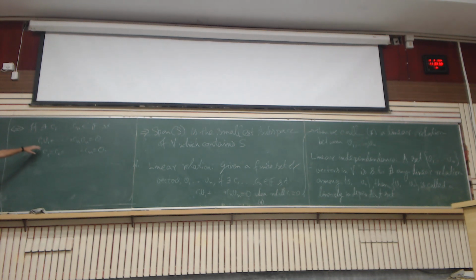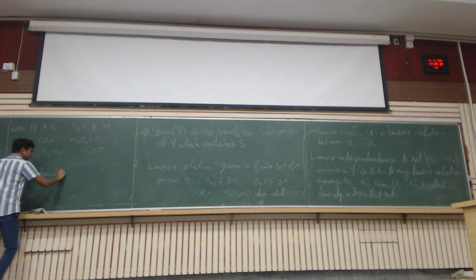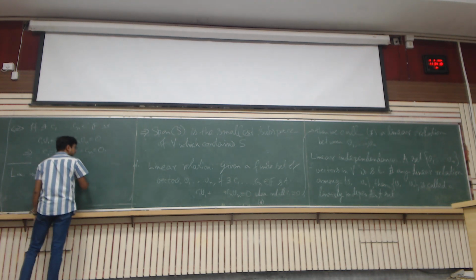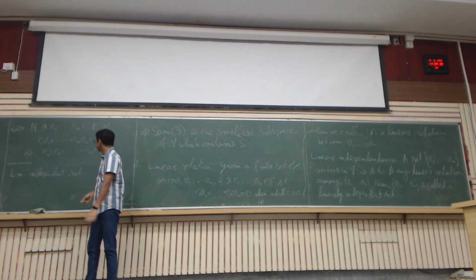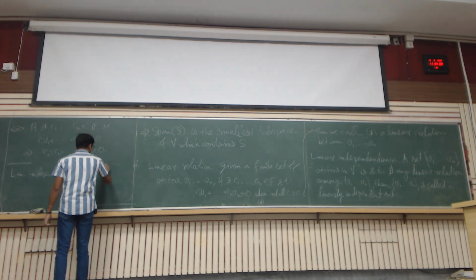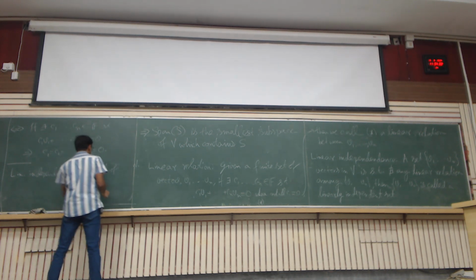So if there exists such a relation among them, then all the coefficients are 0. That's the meaning of linear independence among a set of vectors, and such a set is called a linearly independent set. A linearly independent set is just such a finite set of vectors which are linearly independent.